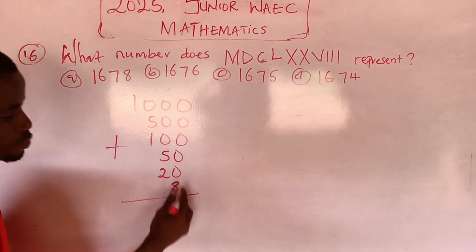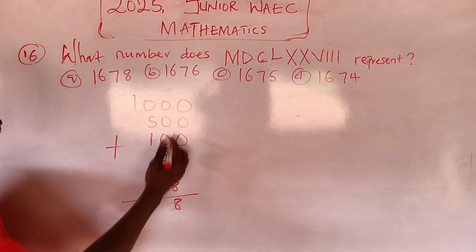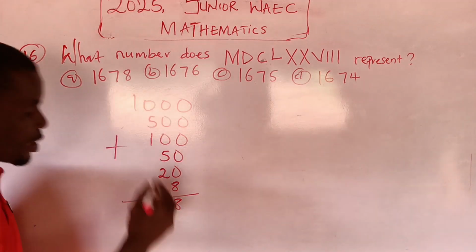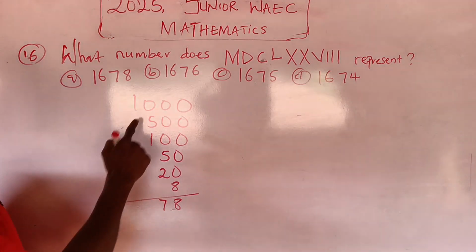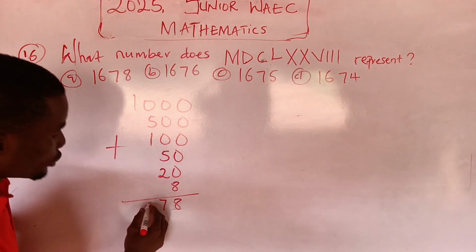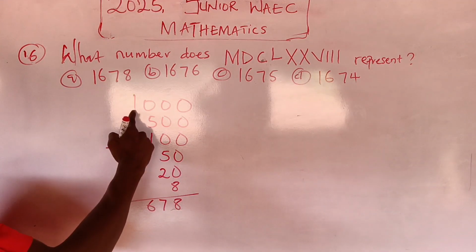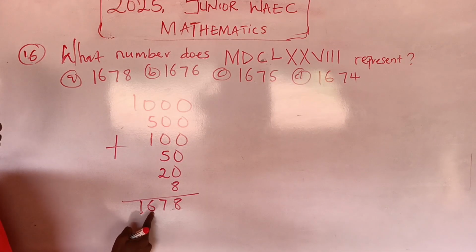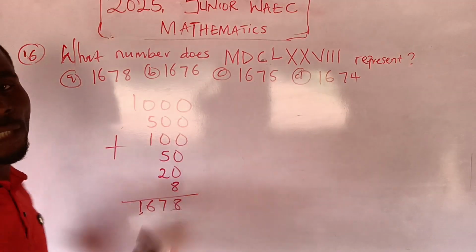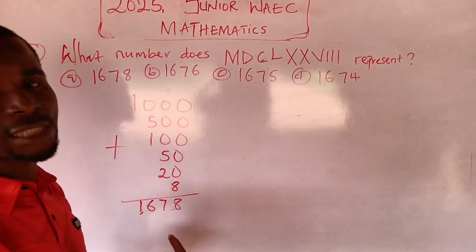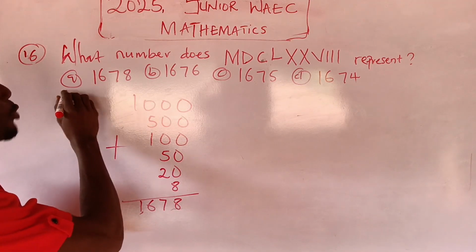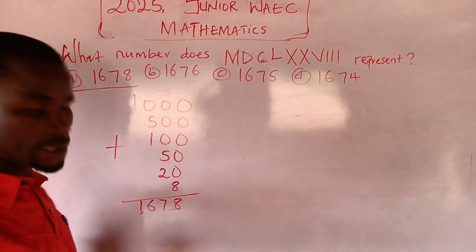So we have 8 here. 0 plus 0 plus 0 plus 5 plus 2. 5 plus 2 will give us 7. Let's put it down. 5 plus 1 will give us 6. And here is 1. So we have 1678. Let's check the options. Which one do you think is the right answer? Option A is the correct answer.